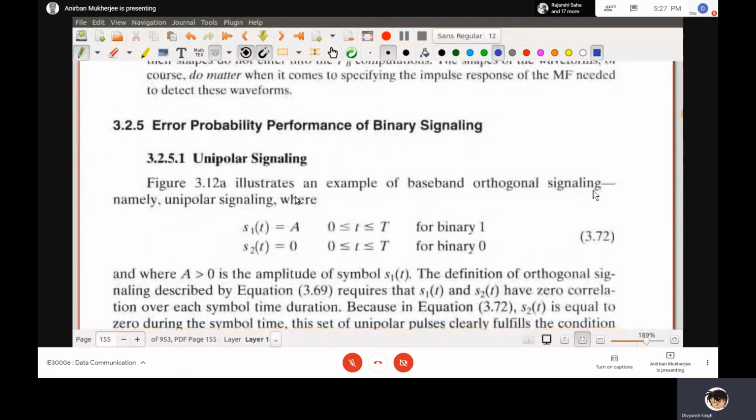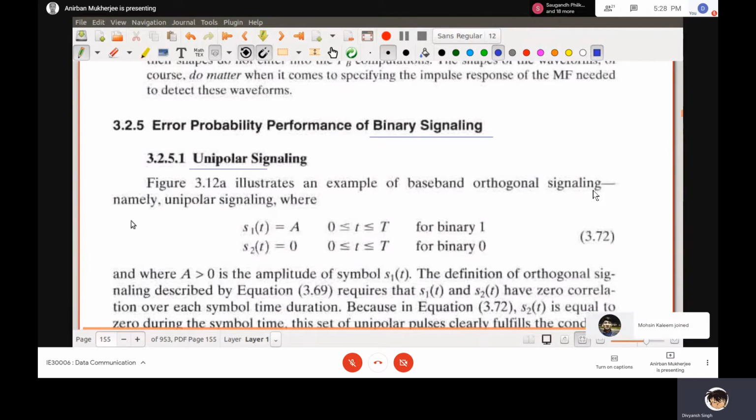Now if I have, say, error performance in case of a binary signal, that means when I am doing a unipolar signal. Unipolar signaling means for binary 1 I am sending a constant A, and for logical 0 I am sending S2(t) equal to 0, I am not sending any signal. What if I choose this type of signal, what will be the value of rho?